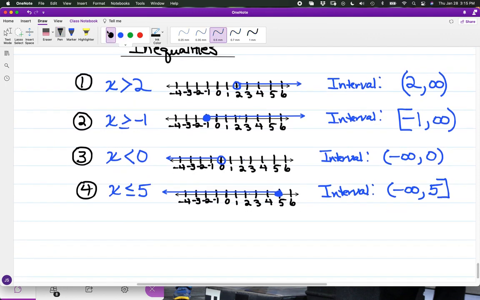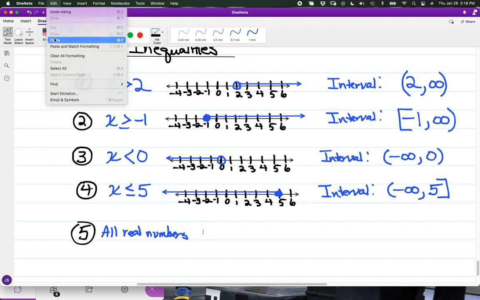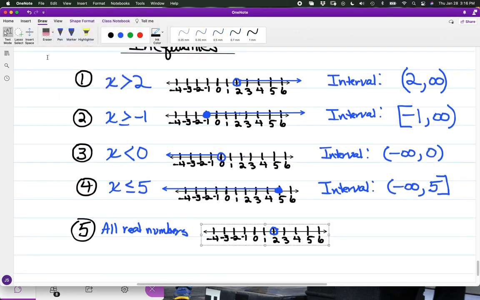Now, let's say x is simply the set of all real numbers. What this means is that you're going to have continuous activity from end to end.